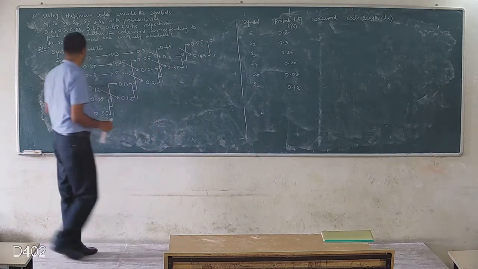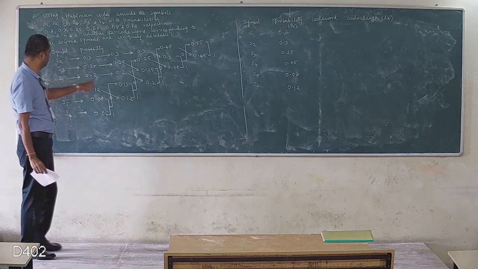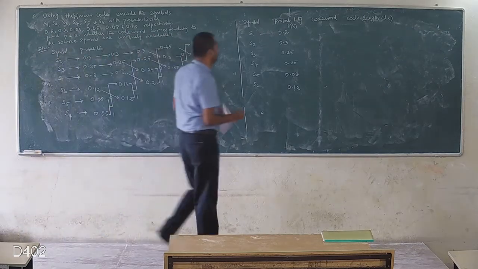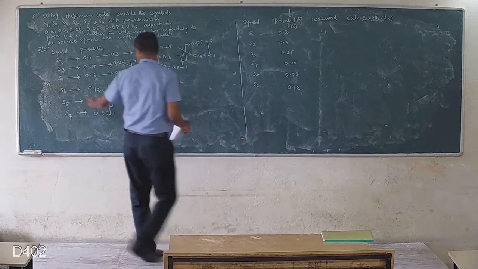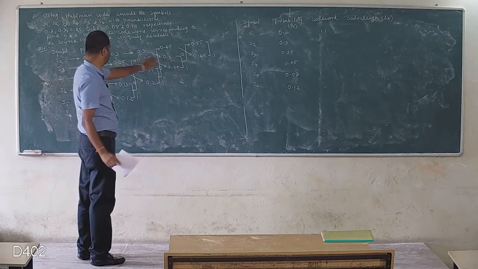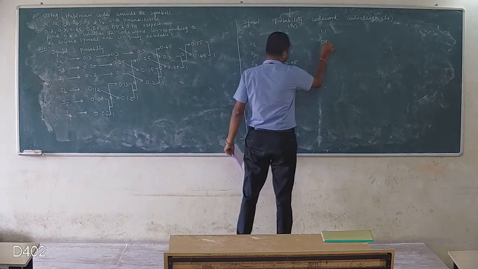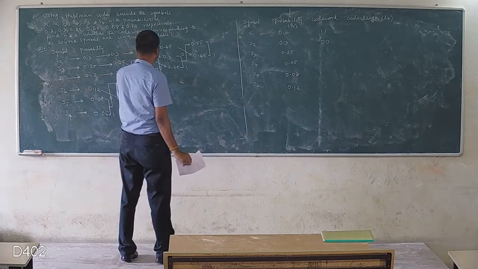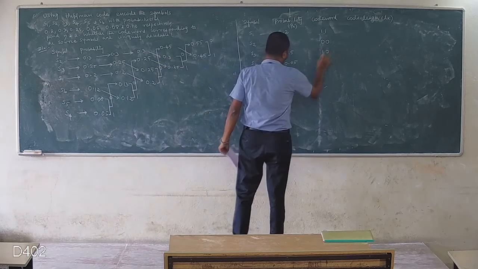For finding the code word, you track forward and write it in reverse order. For S1, 1, 1. Even if I write it in reverse order, it will be 1, 1 only. Then for S2, track this: 0, 0. Even if you write it in reverse order, you will get 0, 0 only. For S3, 0, 1. If you write it in reverse order, it will be 1, 0.